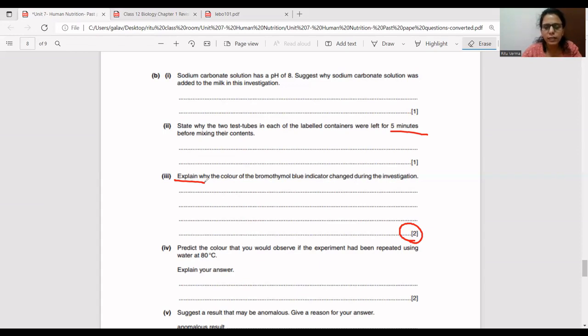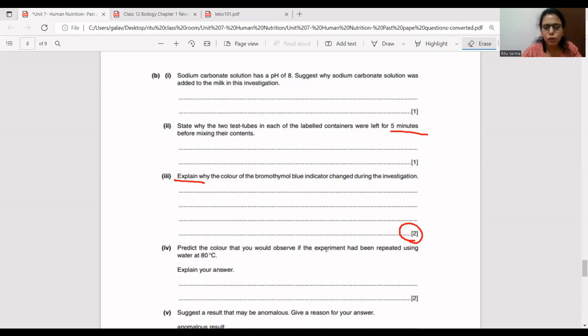Okay, so if you write that lipase helped in the digestion of fat into fatty acids and glycerol, and in this fatty acid is produced, hence means acidic condition. Okay, so first the color has changed from blue to green, and then from green to yellow. So for writing this, you will get 2 marks.